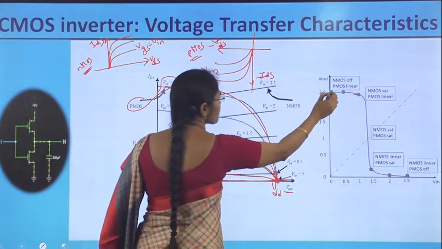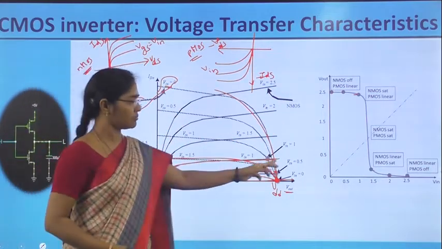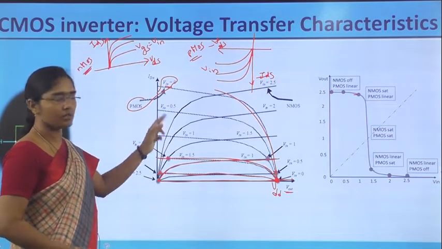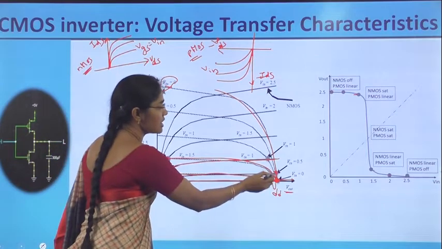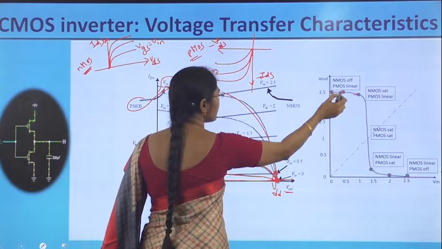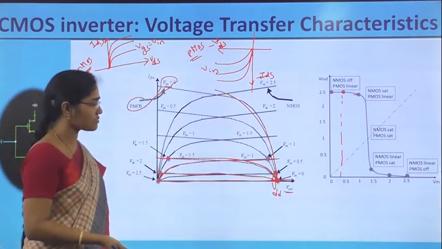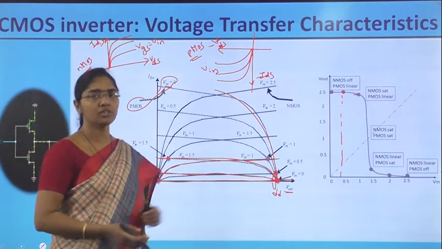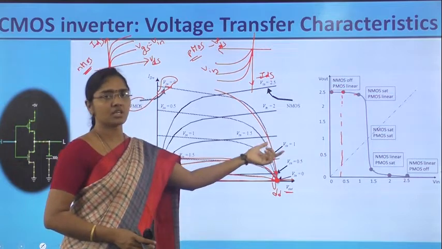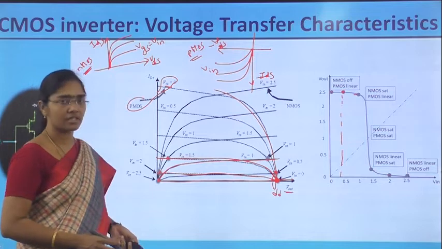Therefore, the output is VDD. Similarly, for Vin at 0.5 of the NMOS and Vin at 0.5 of the PMOS, at the intersecting point the output is nearer to VDD, and it is for 0.5 of VDD. Like that, taking the intersecting points, we can draw the transfer characteristics of the CMOS inverter like this.